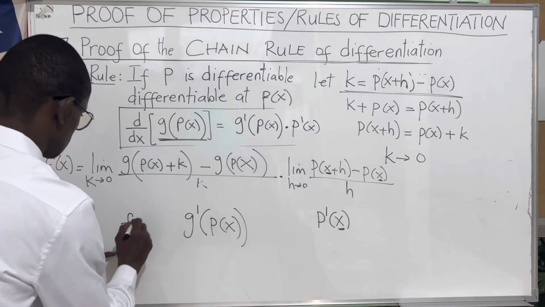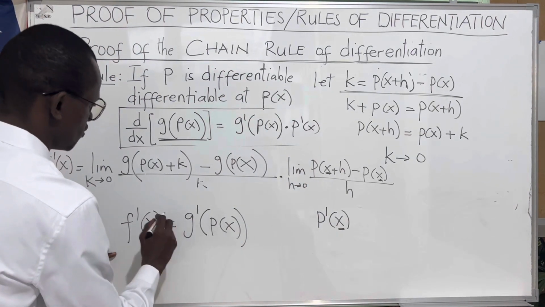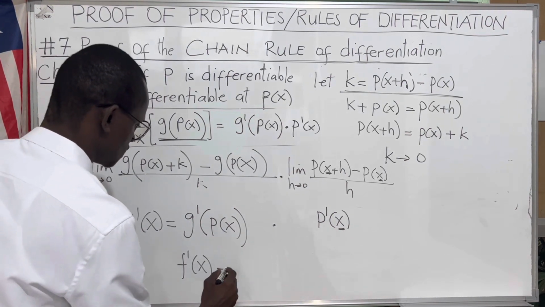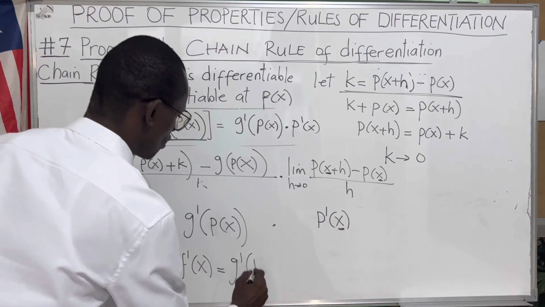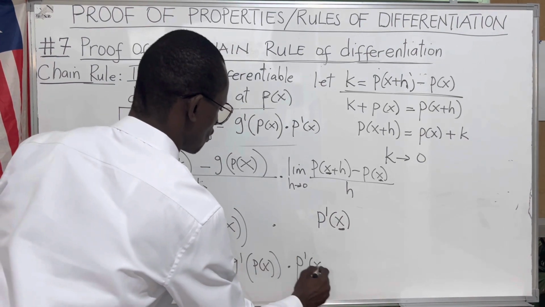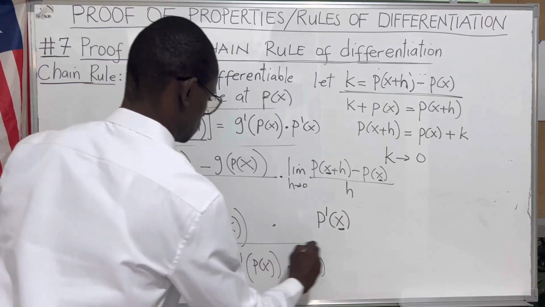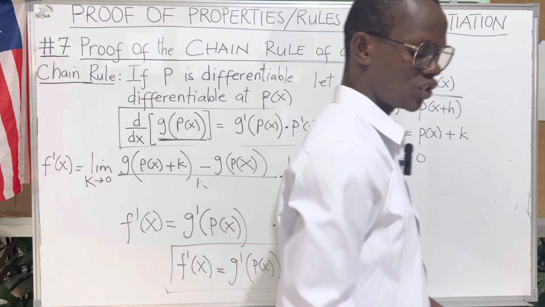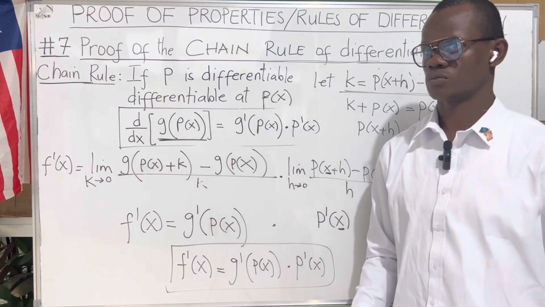So this is our derivative, which is f prime of x is equal to g prime of p of x times p prime of x. So this is the proof of the chain rule.